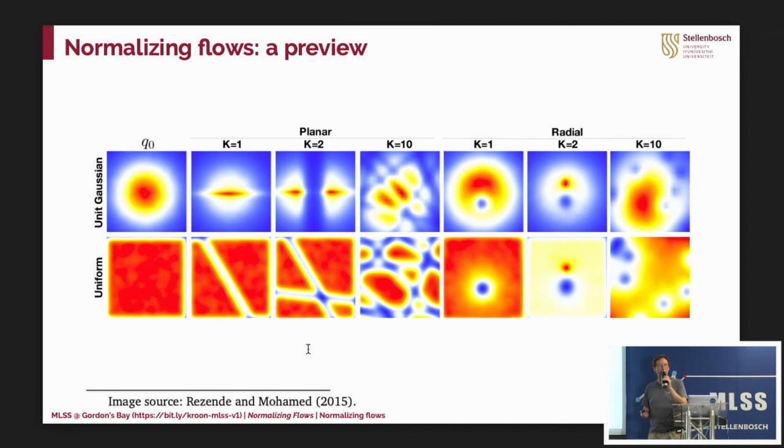So, roughly speaking, what are normalizing flows going to do for us? There are vague links to the diffusion models that Matthias spoke about before, because at one end of our normalizing flow, we're going to have some noise, and at the other end, we're going to have a complicated density.